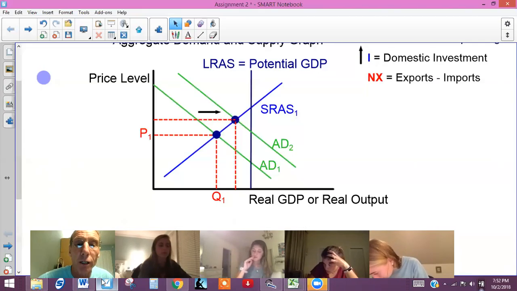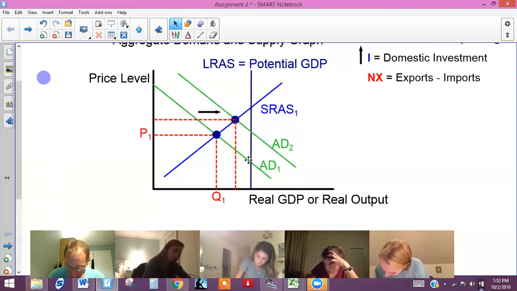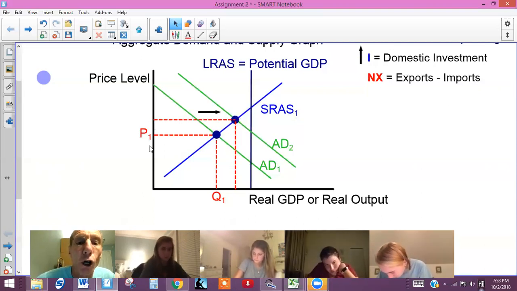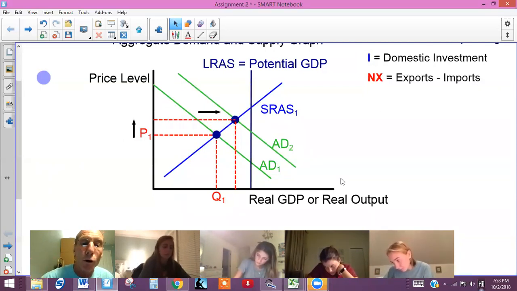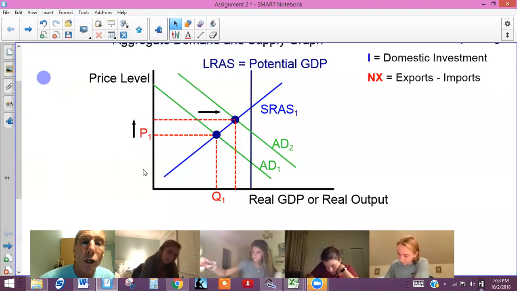But exports are going to go down, and you can explain that by just saying that when price levels go up on American-made products, in other words, when domestic prices go up, that means that exports, foreign countries buying from us, become more expensive, because our American-made goods are more expensive, so we're going to export less.